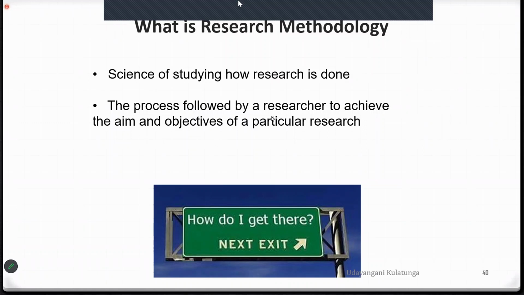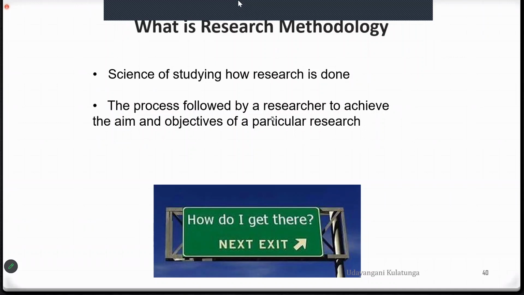Also, we talked about how we are going to write the title of our study. Now, the next component of the research will be the methodology.